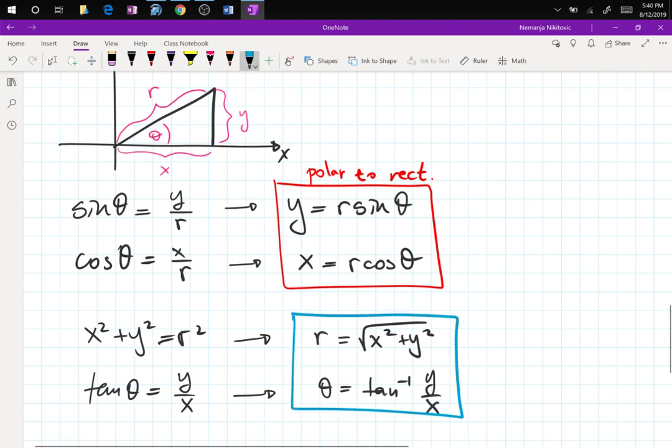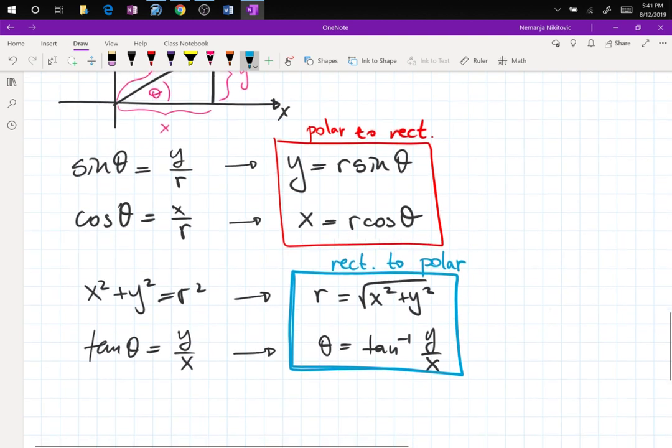This over here is rectangular to polar, because you see that you have both rectangular coordinates given, you plug them in and you get the polar ones one at a time. So that takes care of that.